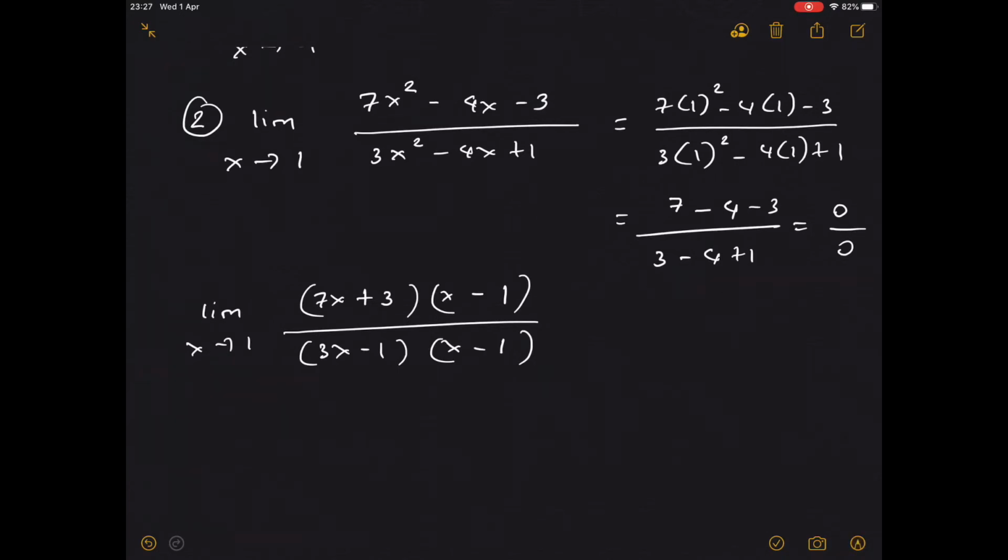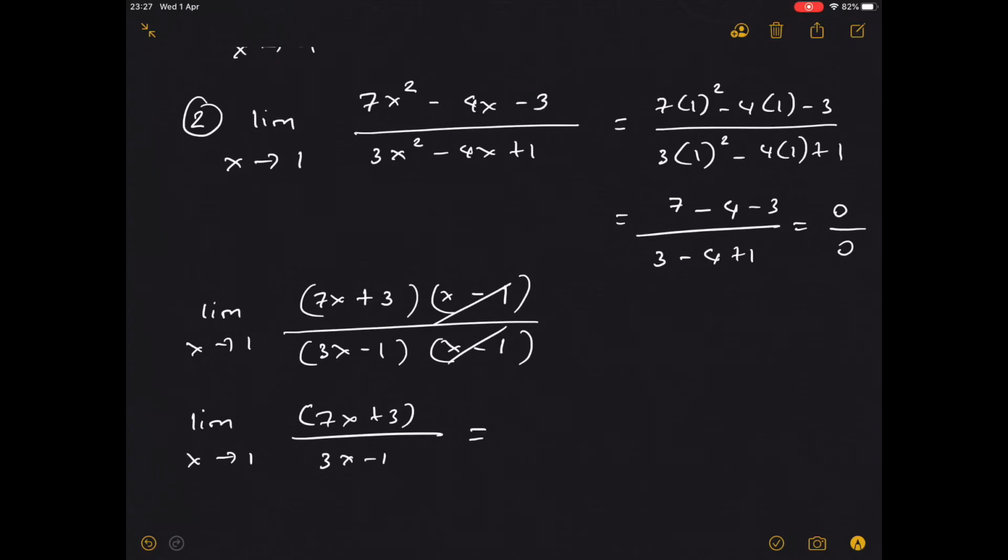Then you can cancel the x minus 1 and x minus 1. So what remains now is the limit when x approaches 1 of the function 7x plus 3 over 3x minus 1.